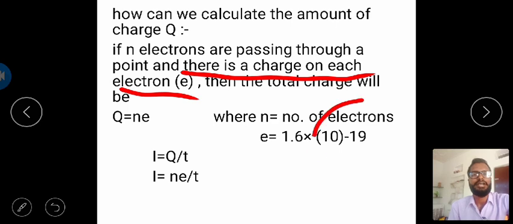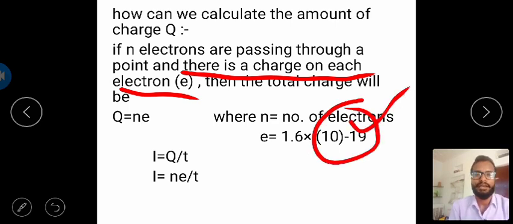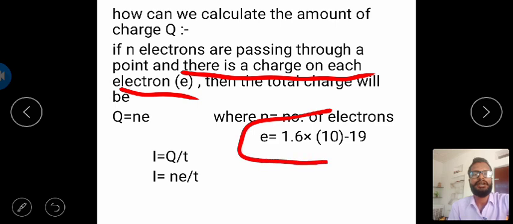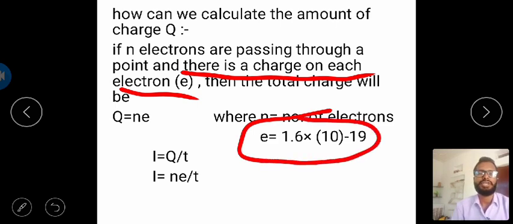There is a correction here: minus 19 is in the power of 10. So this is the standard value of charge of each electron.